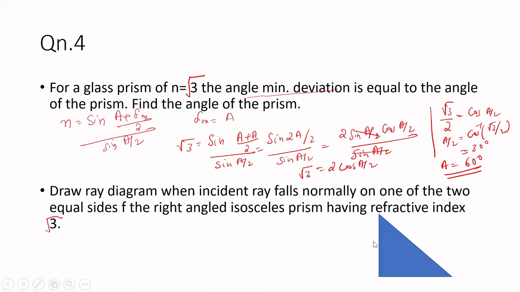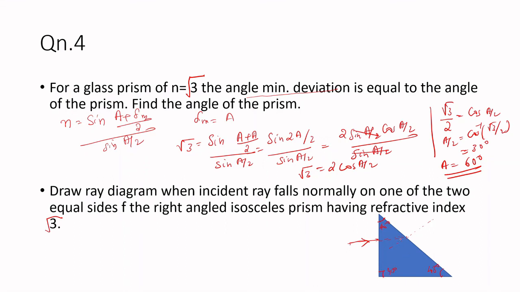The ray of light is falling directly on one face of the prism. So we'll draw the ray of light directly falling on it. It is undeviated and goes like that. On this face we have to draw the normal. This is the normal, and we will find out what will happen to the ray of light. This is 45 degree, this is 45, and this is 90 degree.